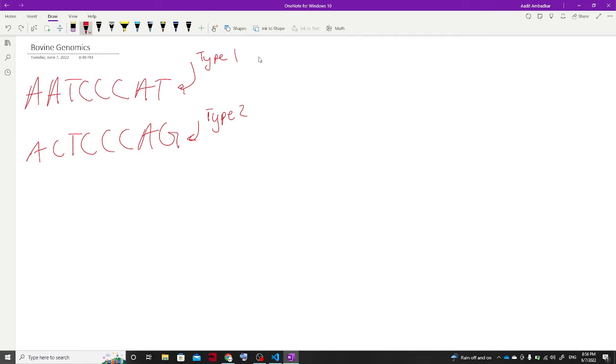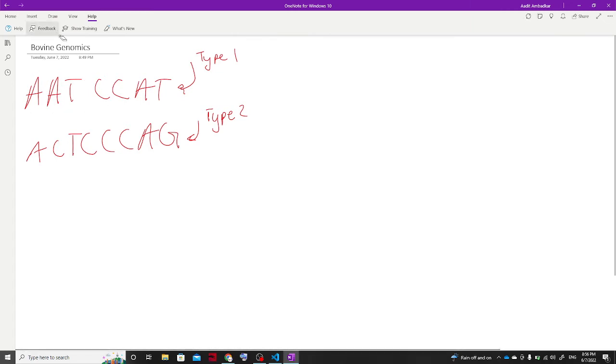We have a set of strings, and this is C++ notation, and this set of strings is going to keep track of, for instance, AAC.